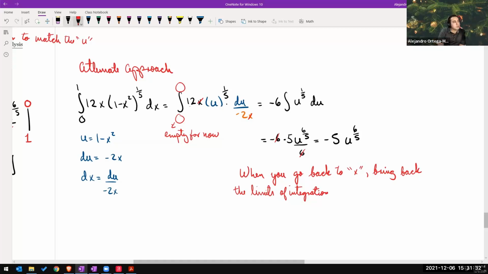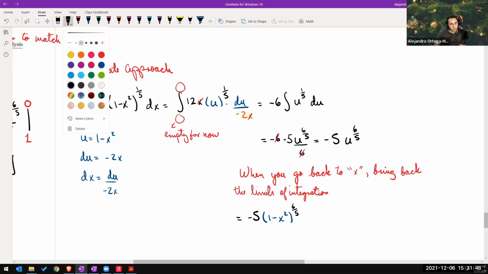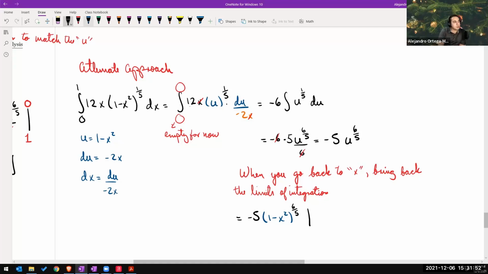Okay, so now that we performed the antiderivative, we have a -5 times u, which was 1 minus x squared, raised to the 6/5. And now that we went back to the x's, now we include the bounds, which were 0 and 1, I believe.